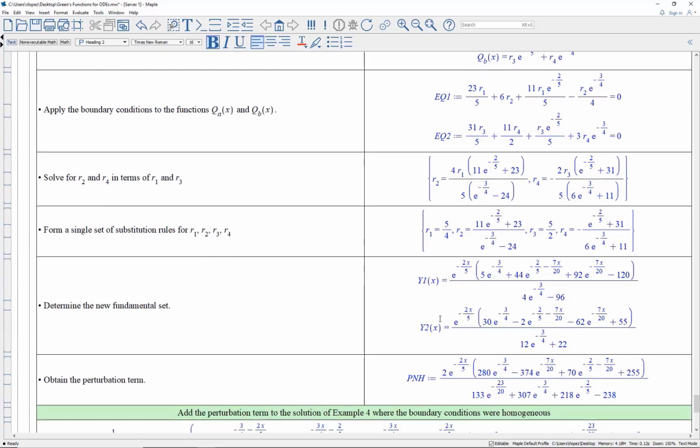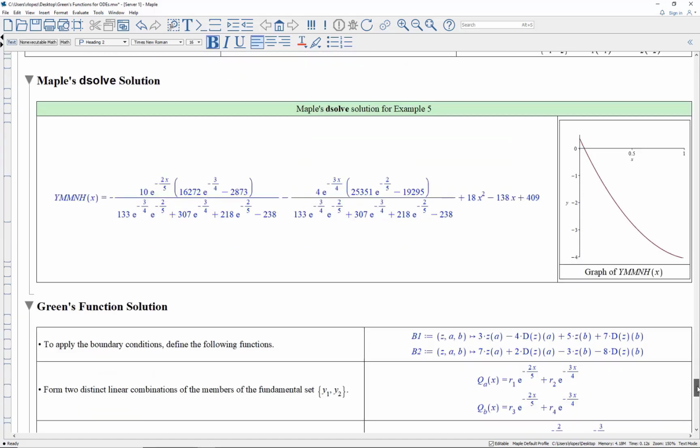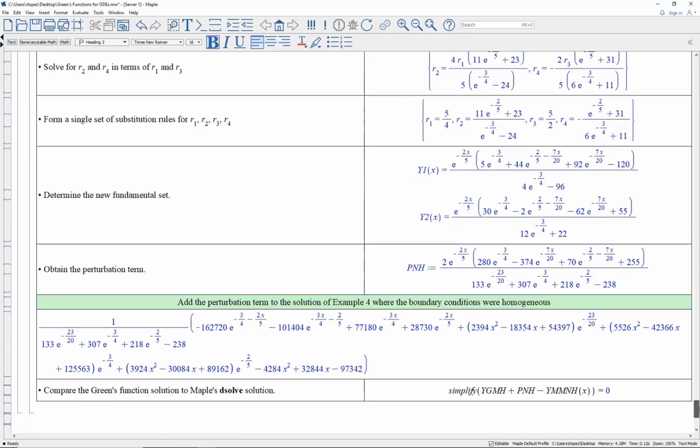From these two solutions, we construct this perturbation according to this recipe up here. Then add that perturbation to the solution from example 4 where the boundary conditions were homogeneous. So we have this solution.